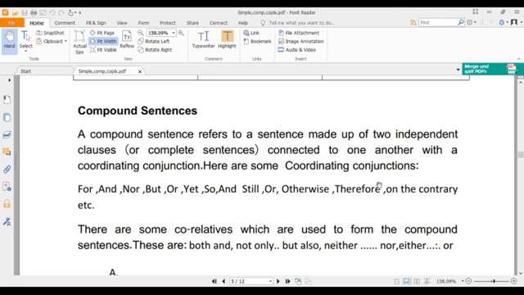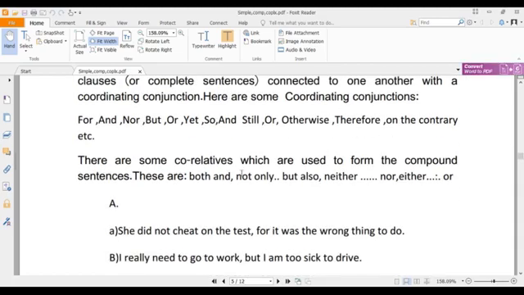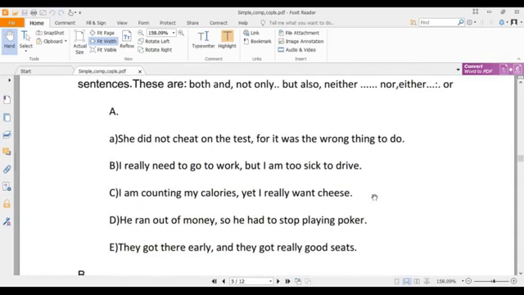Here are some coordinating conjunctions: for, and, nor, but, or, yet, so, still, otherwise, therefore, on the contrary. There are some correlatives which are used to form compound sentences. These are both, and; not only, but also; neither, nor; either, or; and so on.